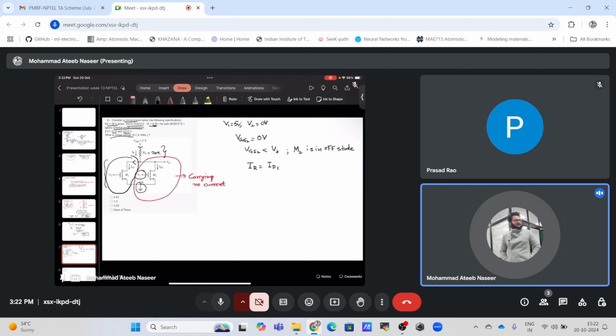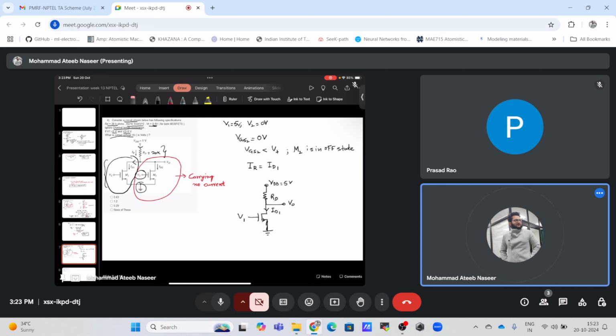What we have in hand is this RD, which is connected to the 5 volt VDD equal to 5 volts, and we just have this MOSFET M1 with current ID1 flowing through it, and this is V0. This is our V1, and this is connected to the ground.